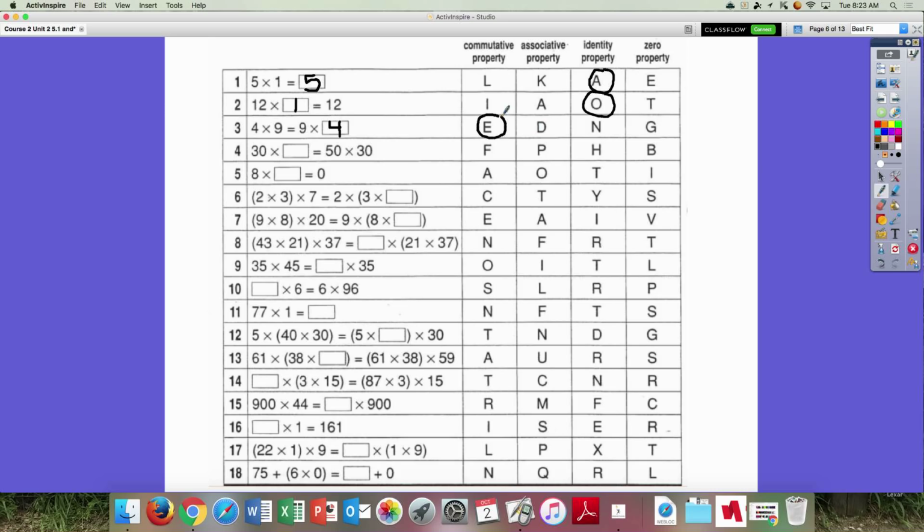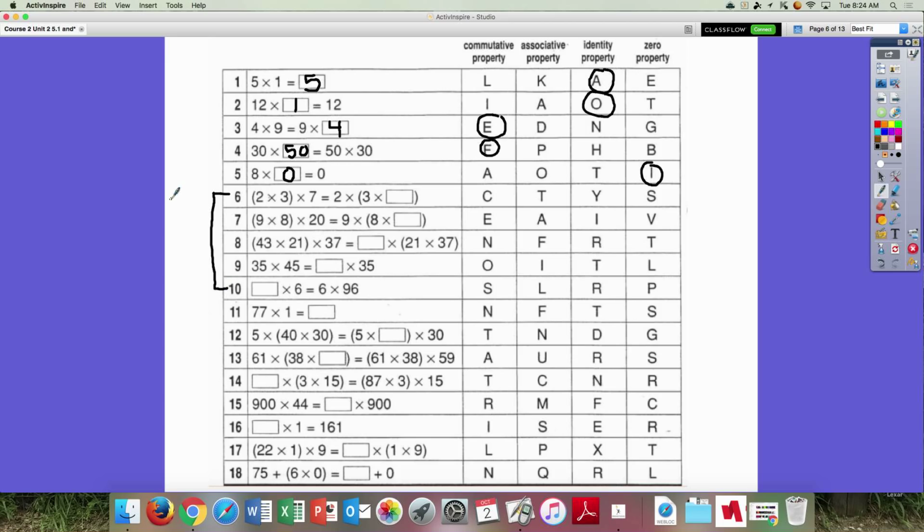That's the commutative, right? Commuting, moving. 30 times what equals 50 times 30? What numbers moved? These two both moved. So they commuted. All right? 8 times what equals 0? 0. So what is that? The 0 property. Good.